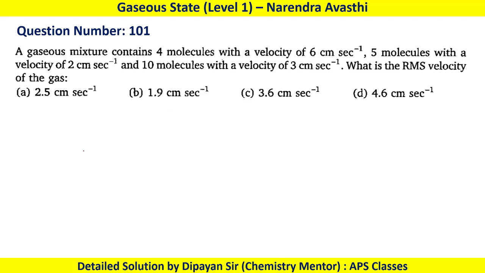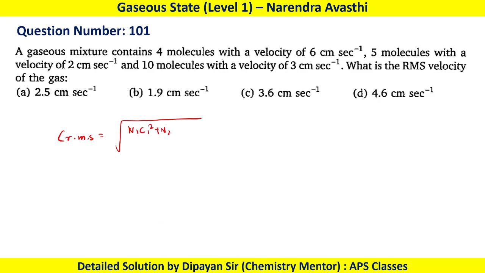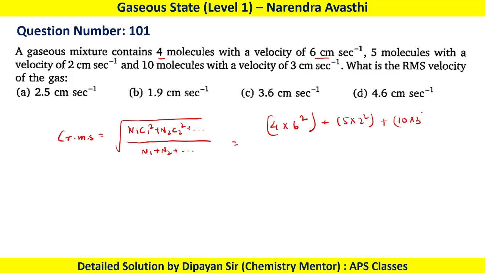To solve this question, we can use the RMS velocity formula, that is root over (n1 c1 square plus n2 c2 square plus ...) divided by (n1 plus n2 ...). Now according to the problem, 4 into 6 square, because 4 molecules with 6 cm per second, plus 5 into 2 square plus 10 into 3 square, divided by 4 plus 5 plus 10, and the whole thing is under root.